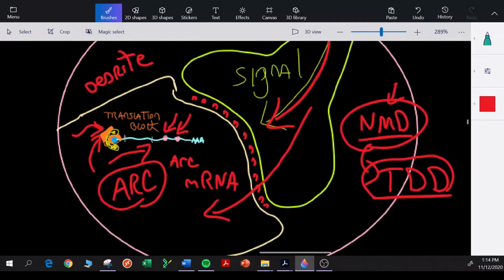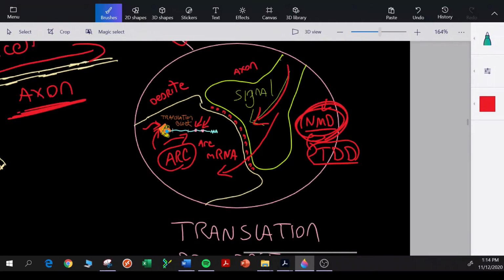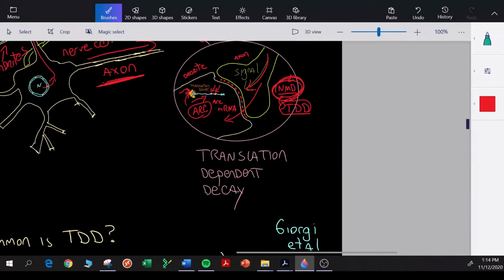Maybe NMD, we can use that when we're describing, say, premature termination codons as a result of errors by RNA polymerase II or mutations in a gene. Either way, we're okay if we use NMD. NMD is good for both of these. So that's pretty neat.